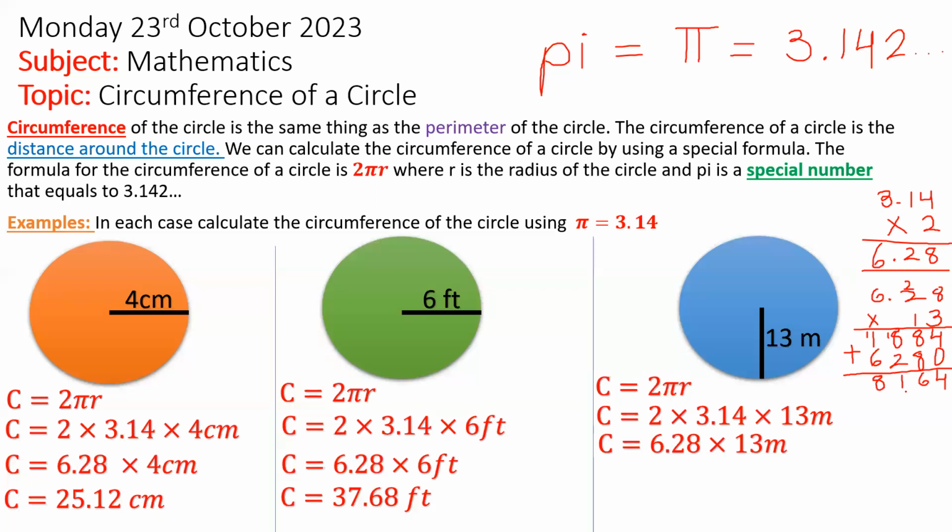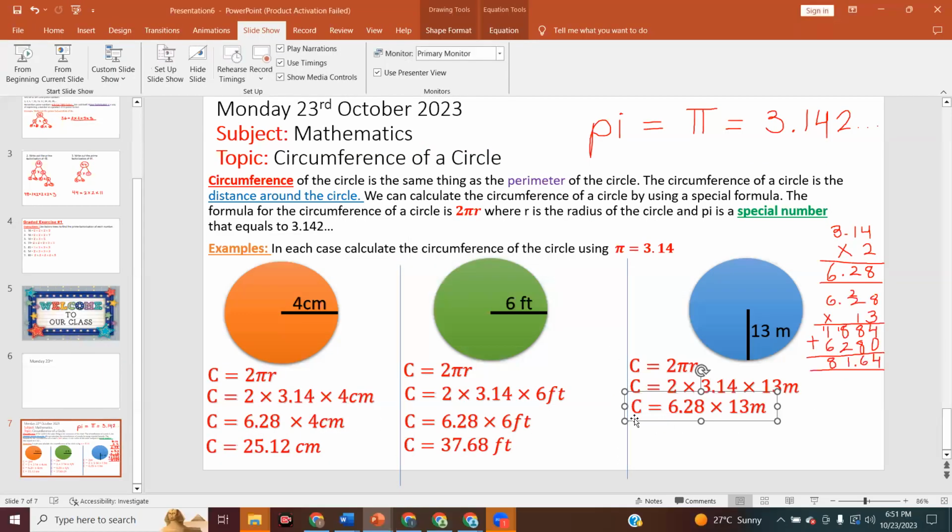Yes, but you have to put the decimal point. So the circumference of the circle is going to be equal to 81.64 meters. How many persons got that? Very good.